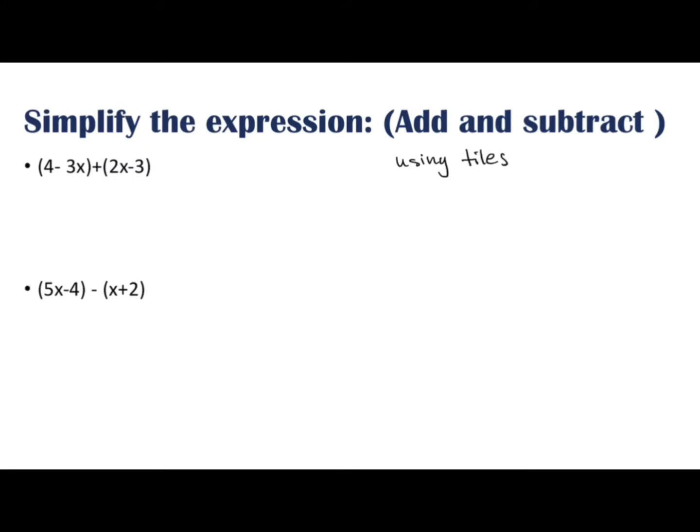Now we are going to solve another type of question, that is adding and subtracting the algebraic expression using the tiles. So we are going to use tiles to solve this problem. We have 4 minus 3x plus 2x minus 3. This is just like having negative 3x plus 4 plus 2x minus 3.